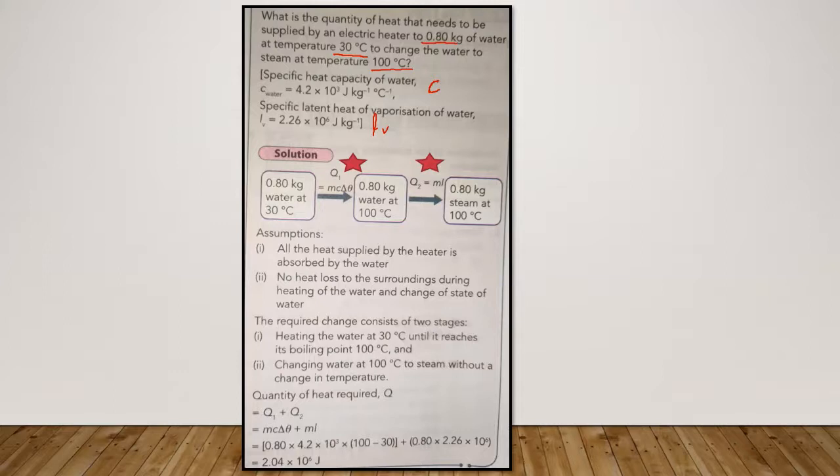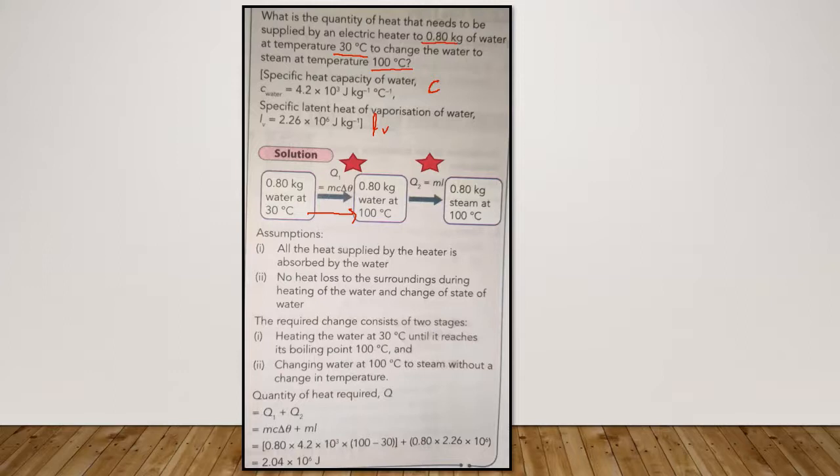The absorption of the heat causes the temperature to rise, from 30 degrees Celsius to 100 degrees Celsius. For a change in temperature, remember, we use Q equal to mc theta. There is a temperature change here, and when there is a temperature change, we use Q equals mc theta.